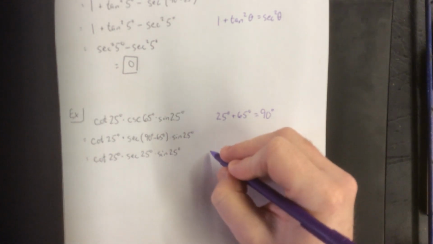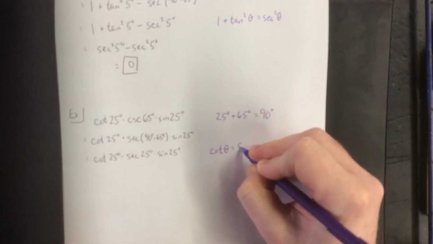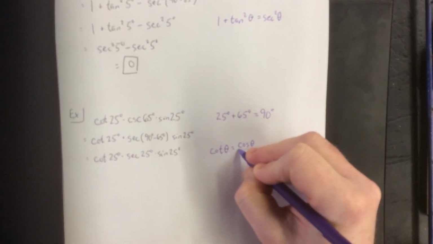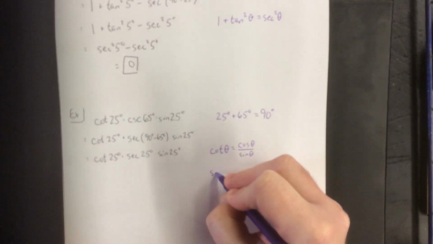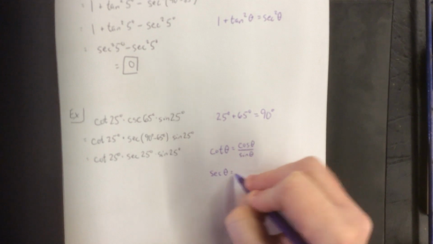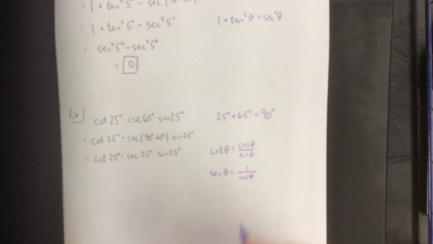So the identities that I'll be using, this one is called a quotient identity, where the cotangent is equal to the cosine of an angle divided by the sine of an angle. Additionally, for the secant of this angle, the identity is that it is the reciprocal of the cosine. That is, again, using a reciprocal identity.